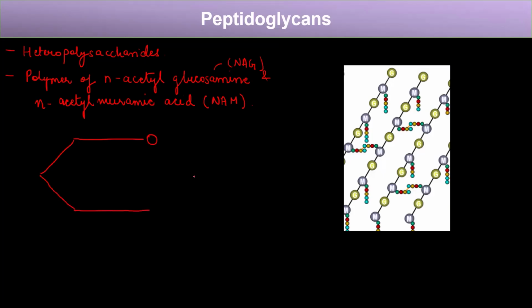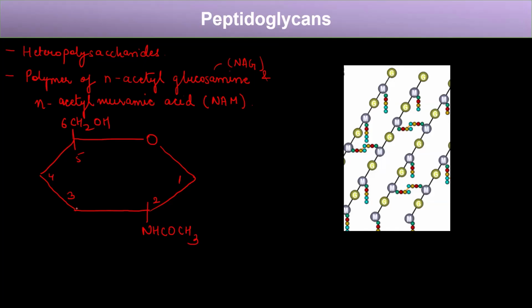So let's draw N-acetyl glucosamine first. It has NHCOCH3 at the second position, right? This is your first position, second, third, fourth, fifth, and here sixth position. At the second position, we have NHCOCH3 that makes it N-acetyl glucosamine.